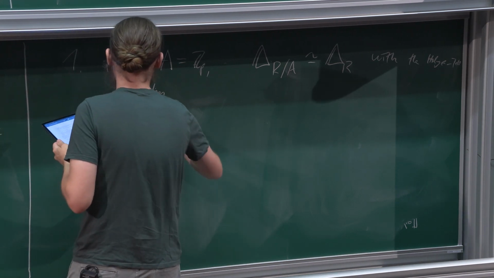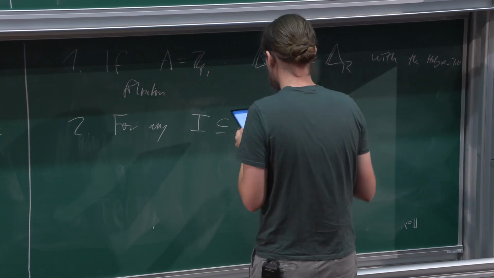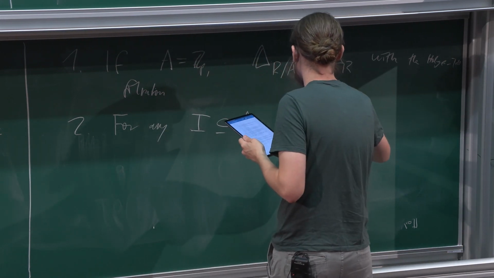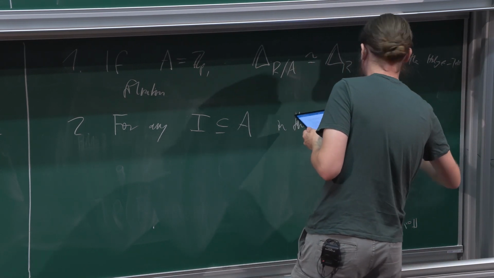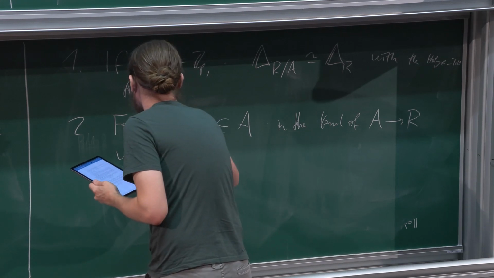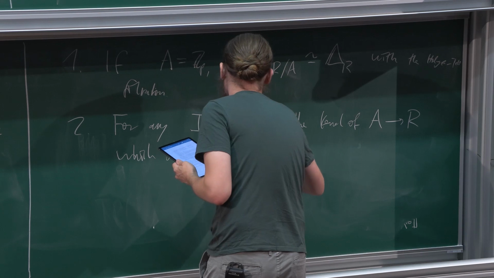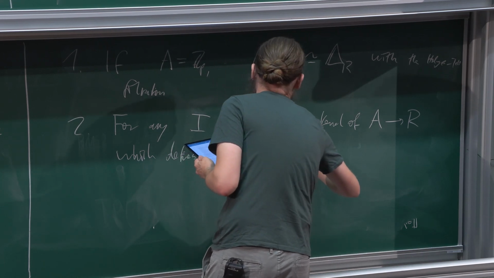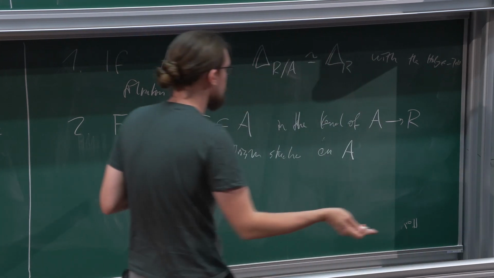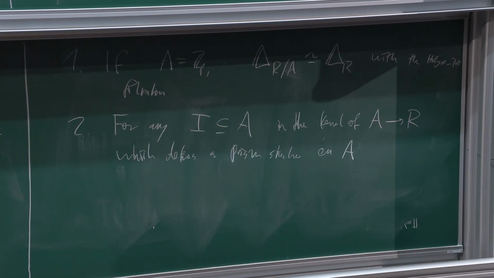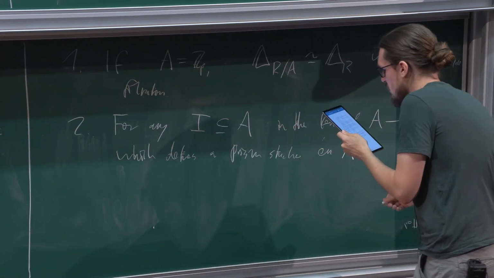Secondly, for any ideal I in A, in the kernel of A to R, which defines a prism structure on A. So this might sometimes exist, sometimes not, and there might be multiple ones if they exist.